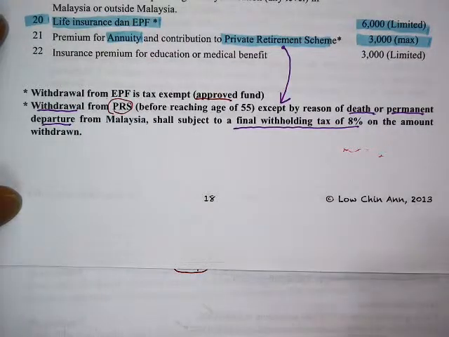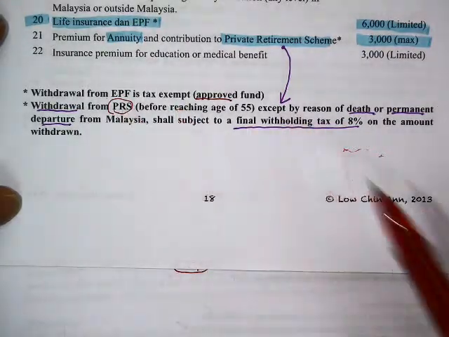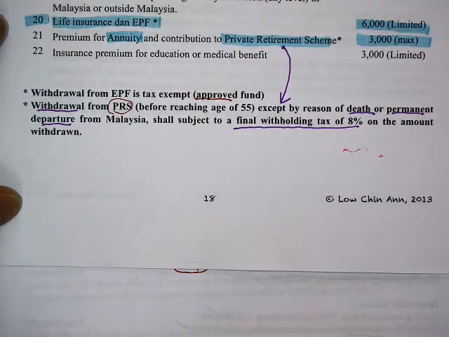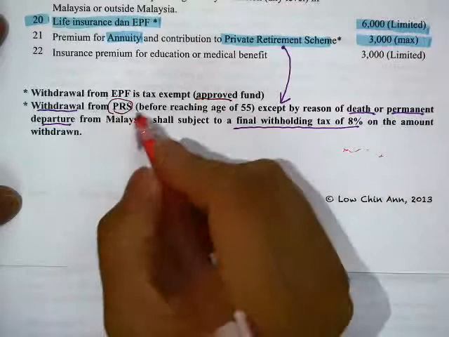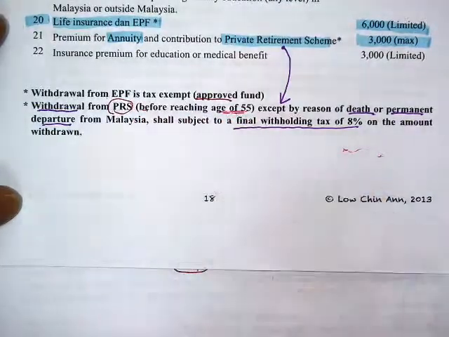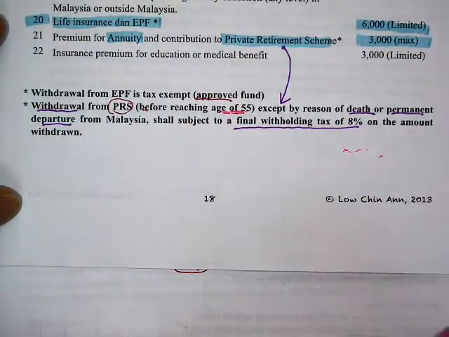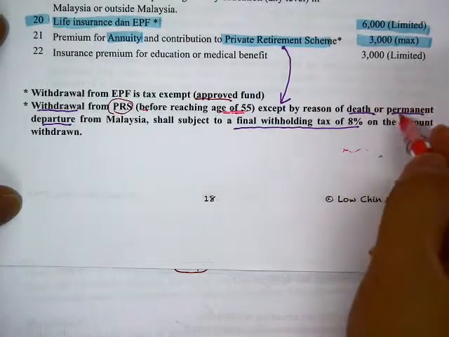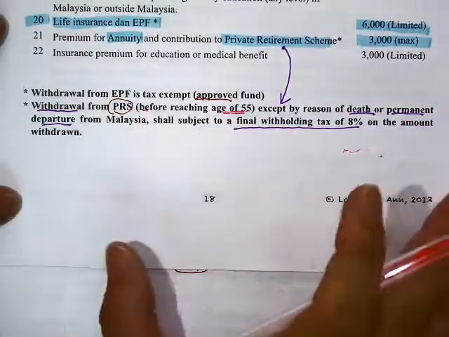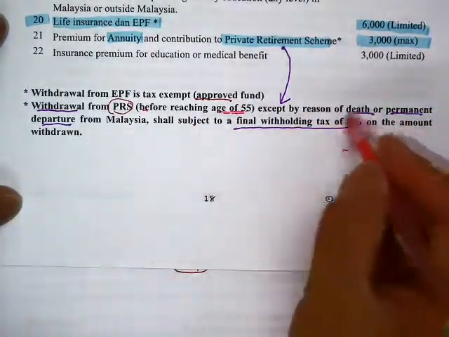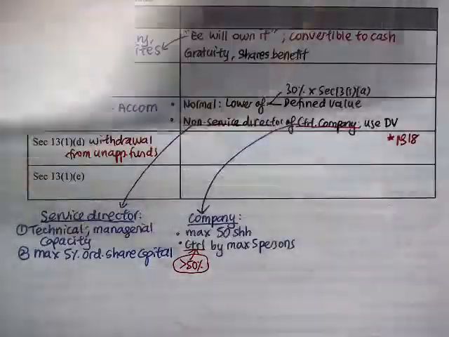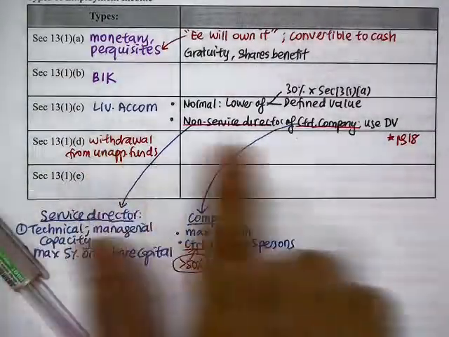But the condition is you must be retiring and you withdraw. So if you terminate this early and withdraw before you retire, before reaching the age of 55, unless it's by reason of death or permanent departure from Malaysia, if not, there will be 8% final withholding tax.